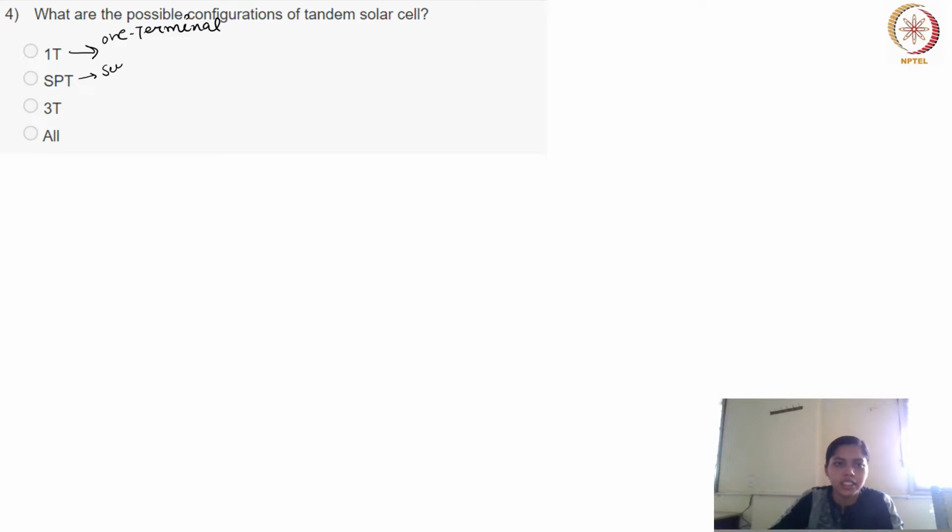SPT is your series parallel tandem configuration. 3T is your three terminal configuration, and the fourth option shows that all are the correct answer.